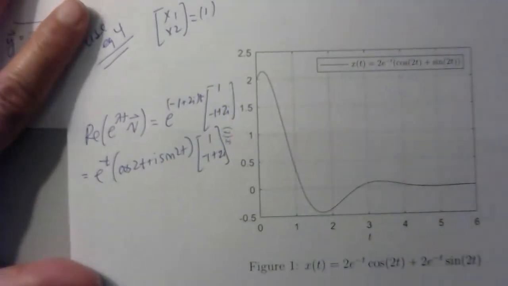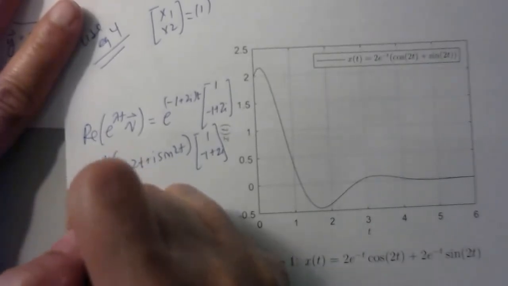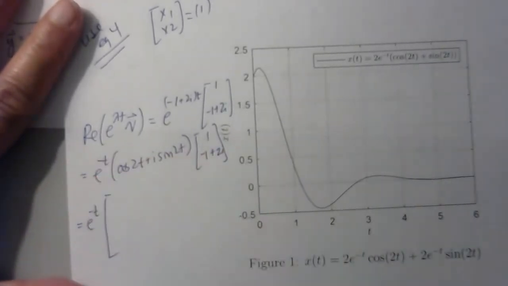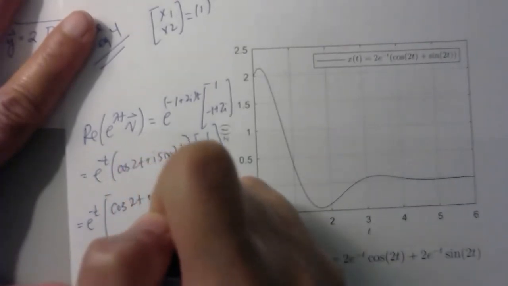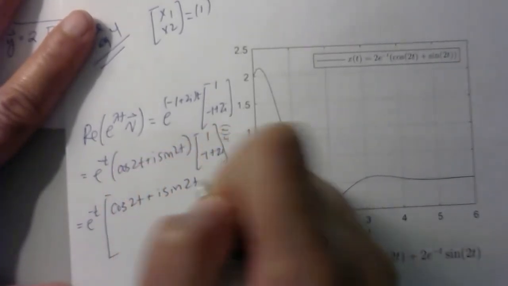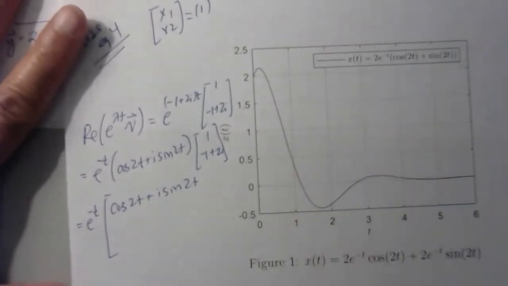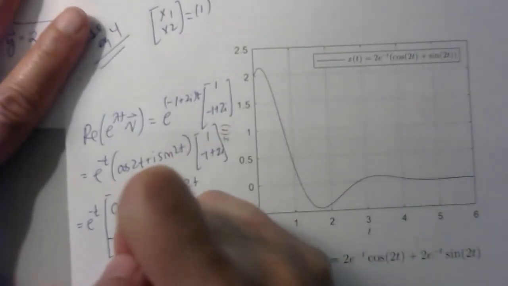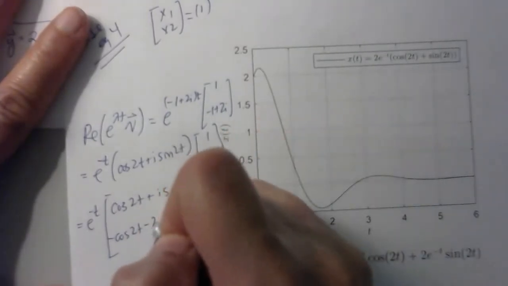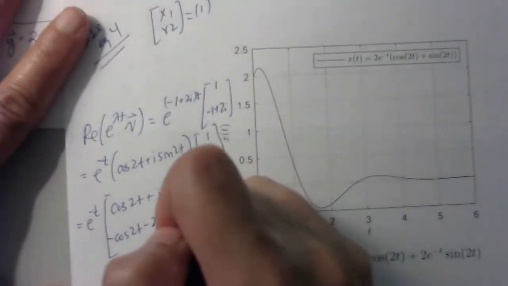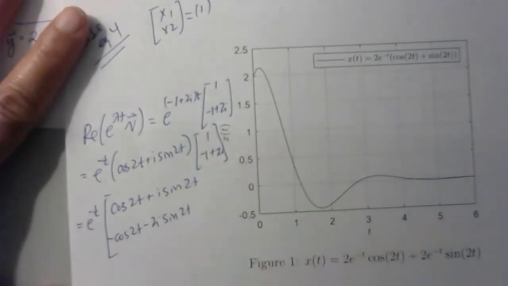Okay. So there's always an e to the minus t. And I have cosine 2t plus i sine 2t as the first element. The second element is going to be minus cos 2t minus 2i sine 2t, right?